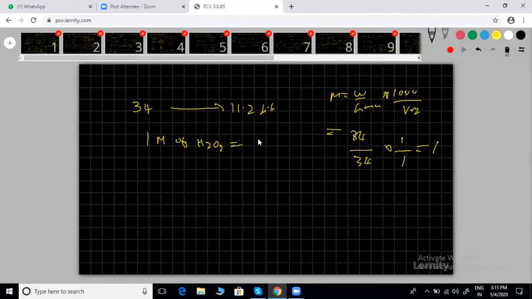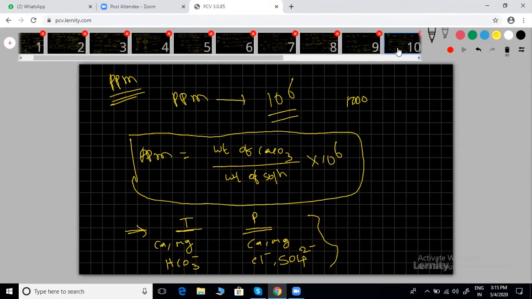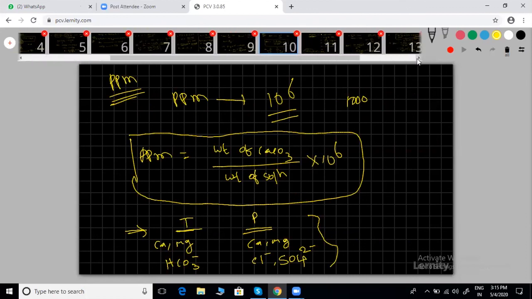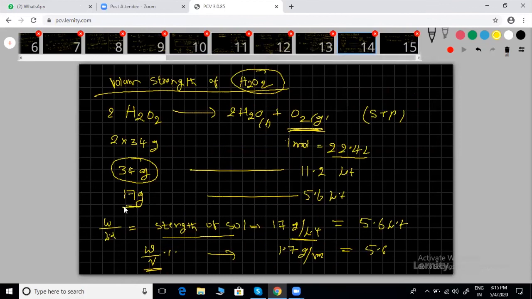How much is this? What are we getting? 11.2 liters. So you are taking 17 grams per liter. 17 grams per liter means 5.6 liters. 34 grams per liter means 11.2 liters.